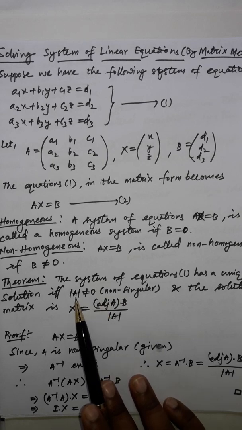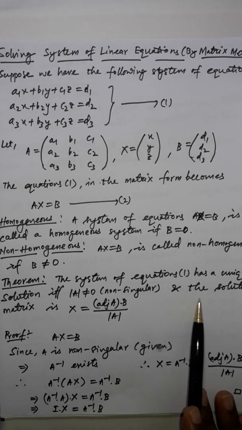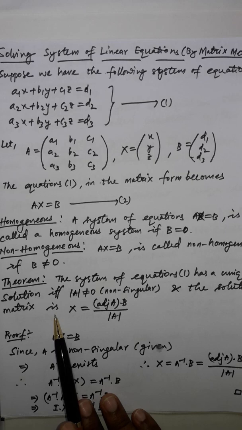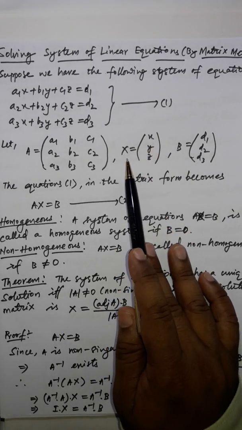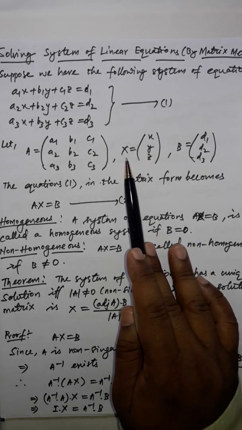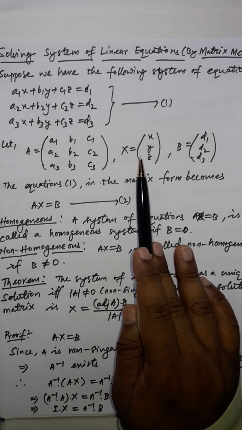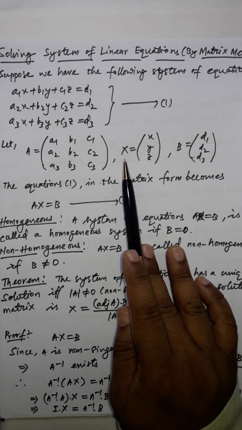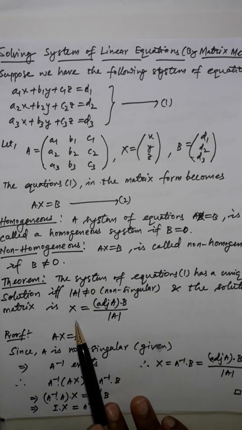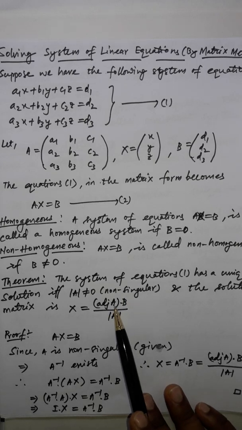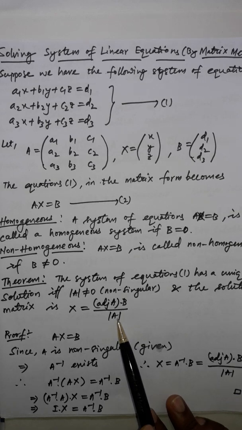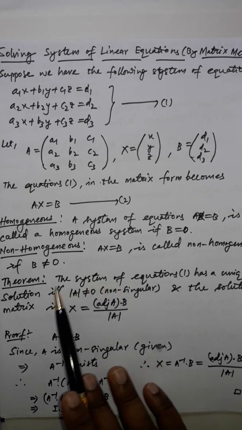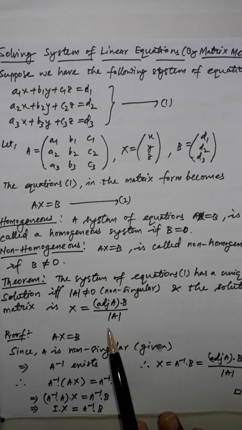That means the matrix A is non-singular, and the solution of the matrix X is the value of the variables x, y, z which are contained in the matrix X. So X is our solution matrix.